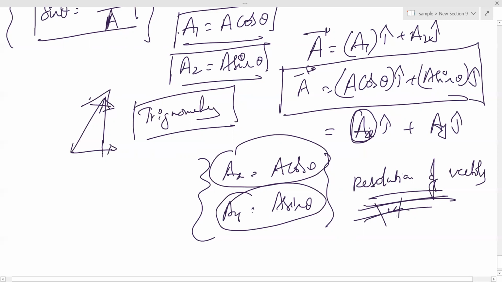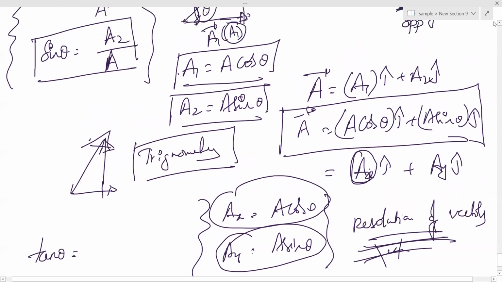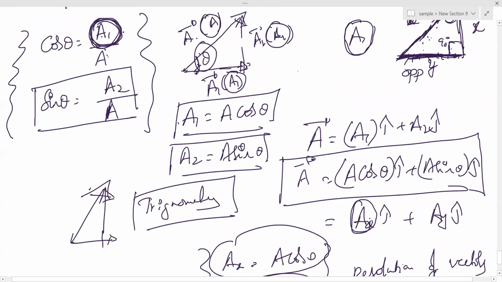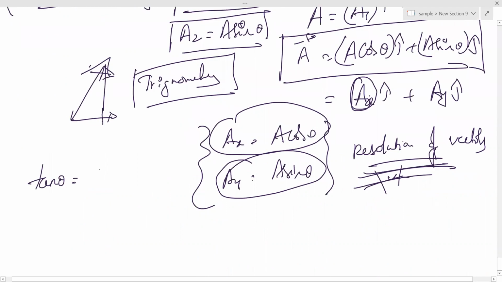Got it? Yes, sir. And another diagram, what is tan theta? From the diagram, what is tan theta here? A2 by A1. That's okay. That is nothing but AY by AX in the description I've given here, right?